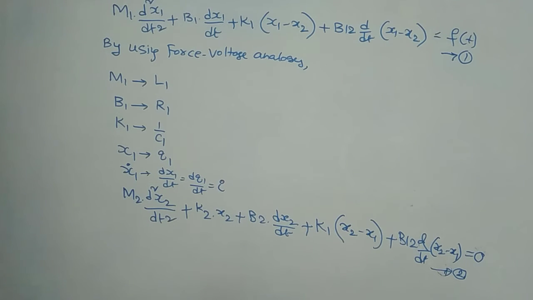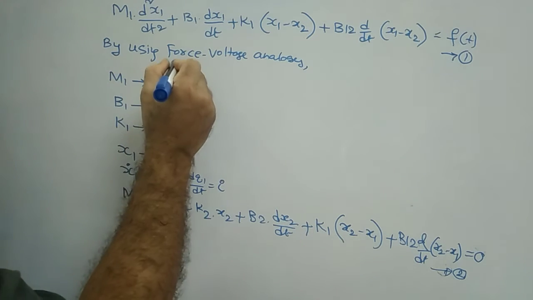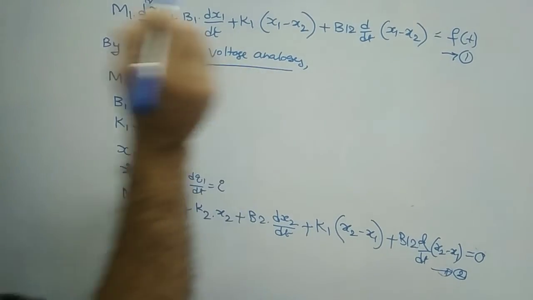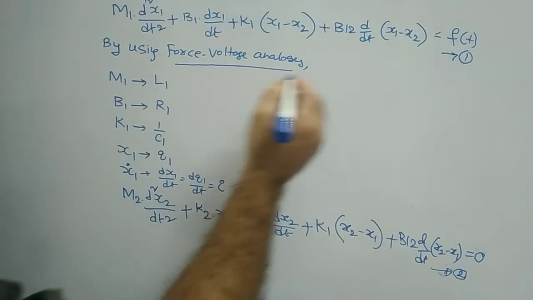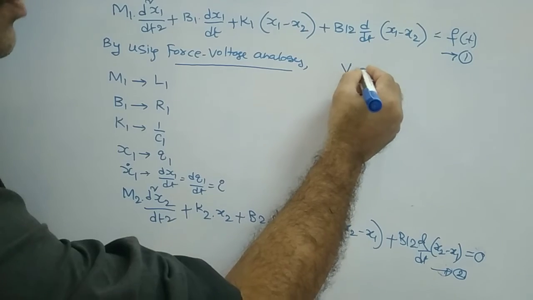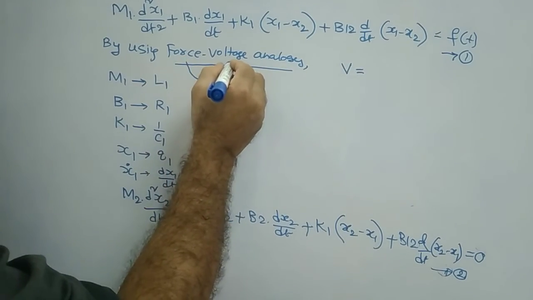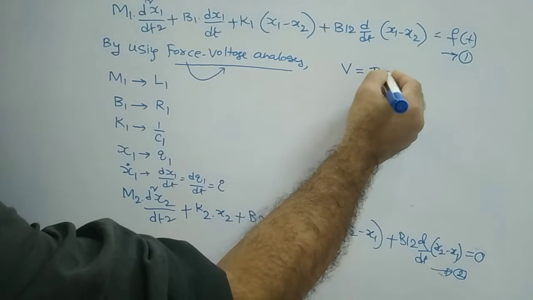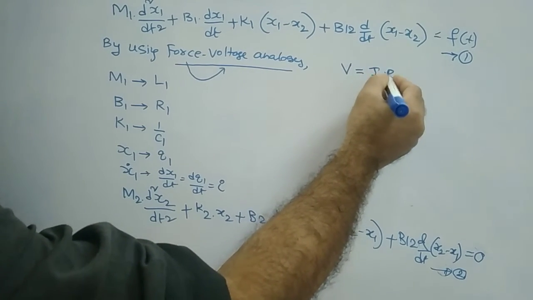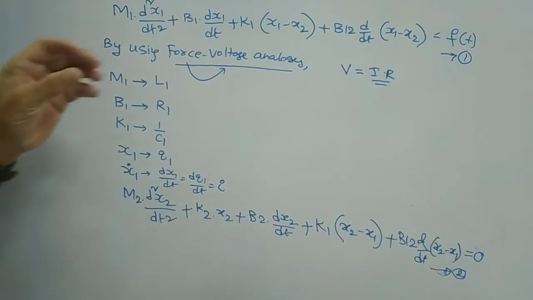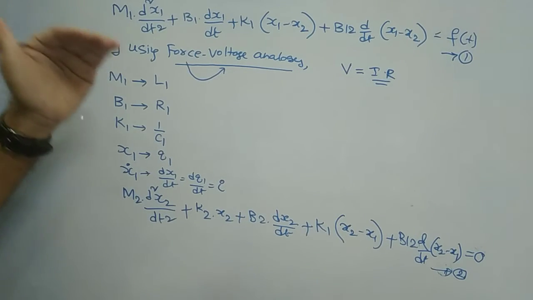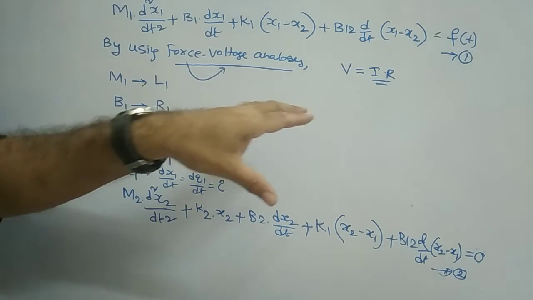As I have explained in the last presentation, as it is a force voltage analogy, you simply remember that we are converting the force to voltage. Voltage is V equal to IR according to Ohm's law. Therefore, we must write the voltage equivalent of that particular electrical element.